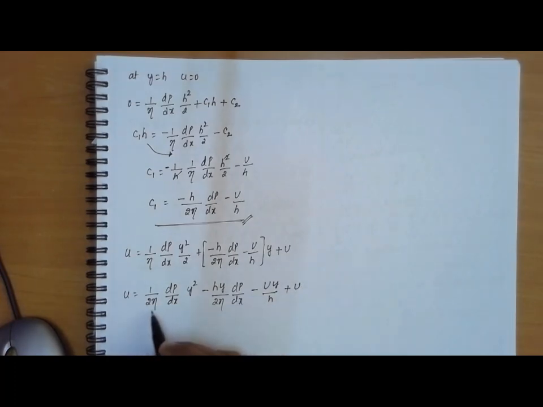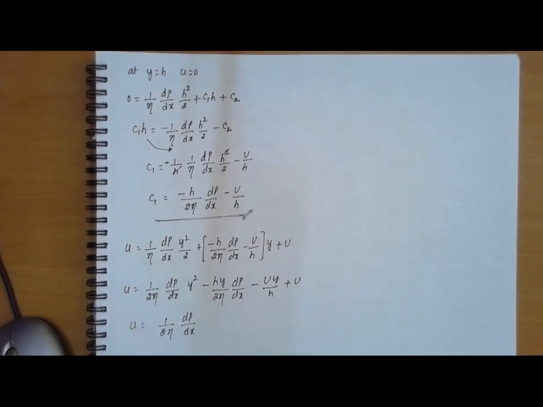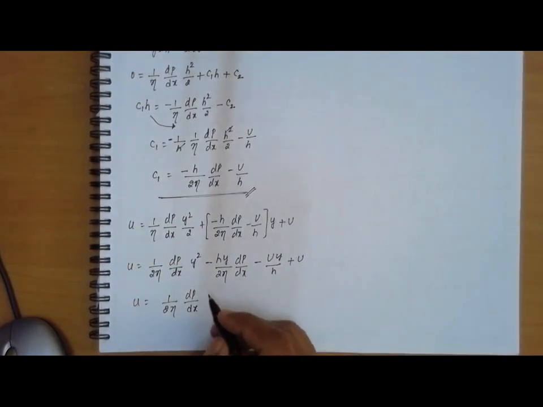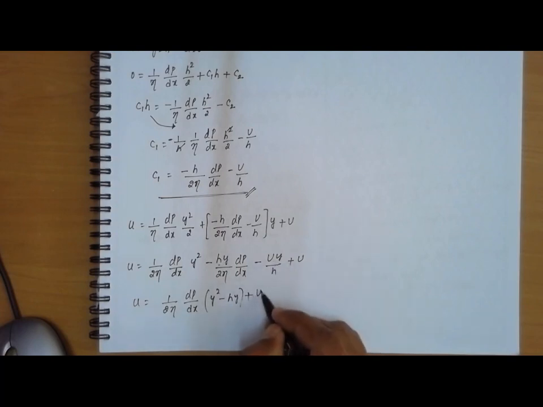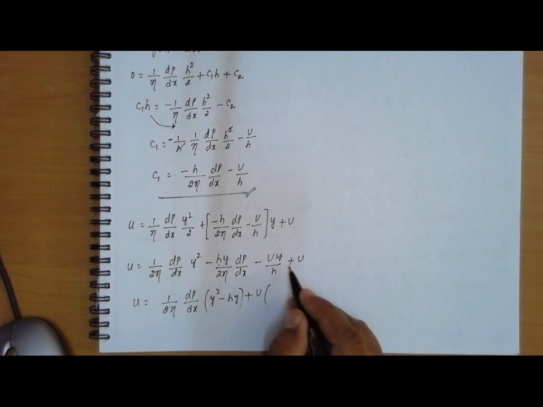Now in these terms you can take 1 over 2 eta into dp by dx as common. So u will become 1 over 2 eta into dp by dx into y square minus h into y, and if you take u as common in the rest, and take the LCM, we have u into h minus y divided by h.